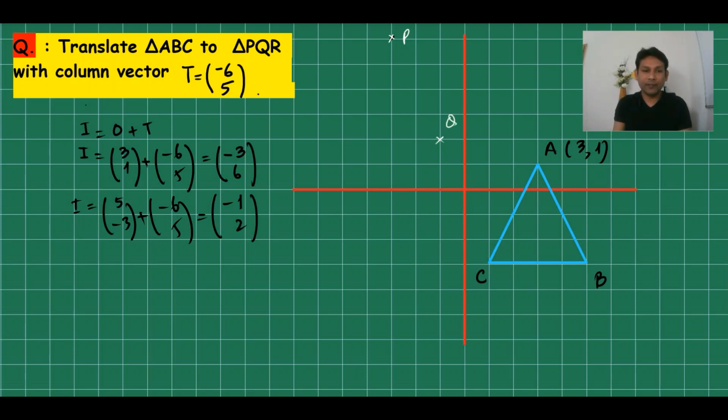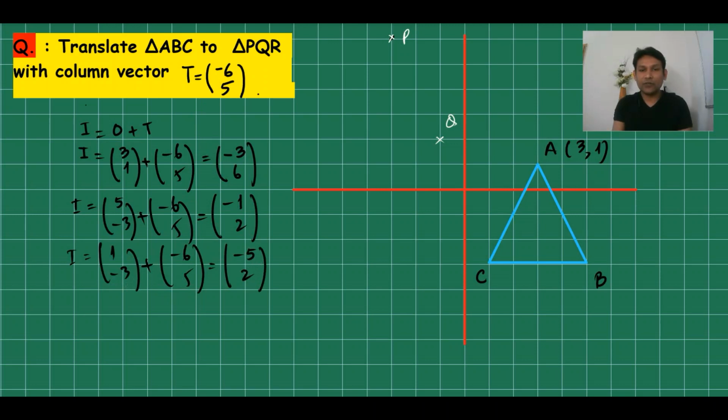Now I'm moving to point C. How can we get the image of C? What's the object? Position vector 1, 1, 2, 3: 1 and minus 3. Your translation column vector is minus 6 and 5. The result: minus 6 and 1 is minus 5, and 5 and minus 3 is 2.